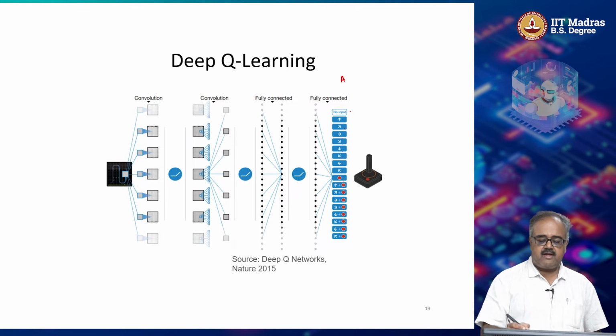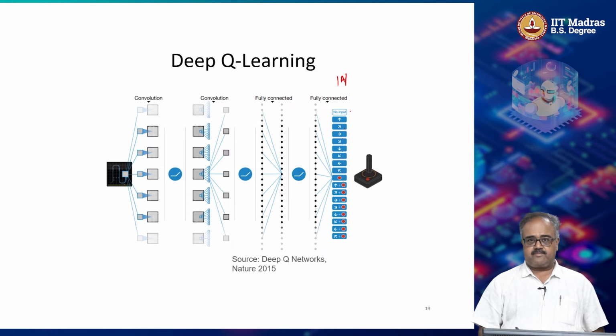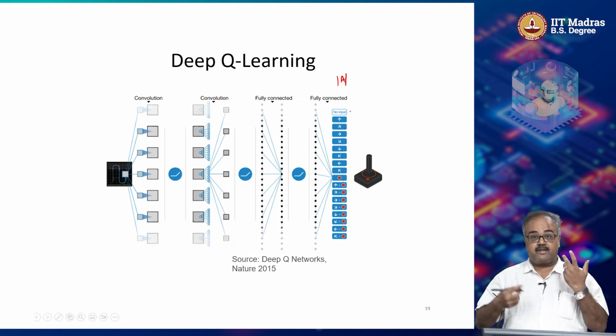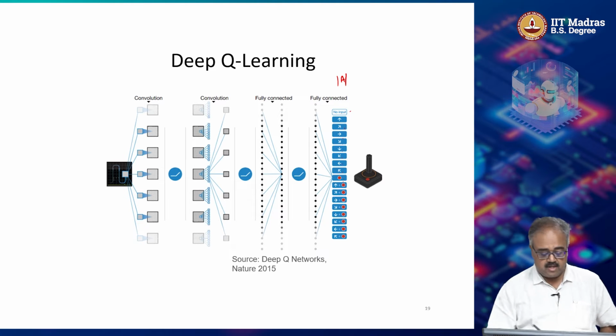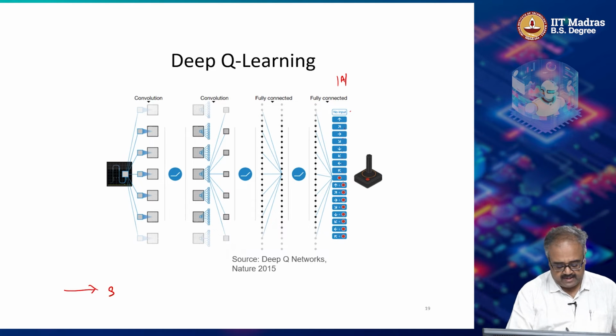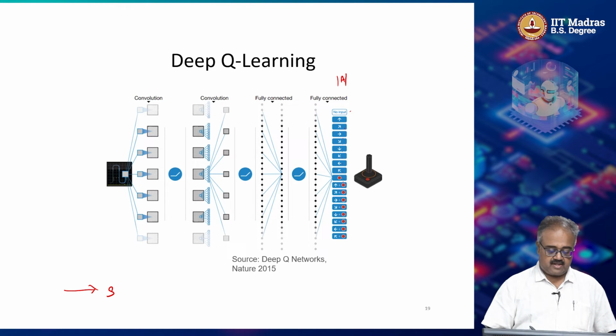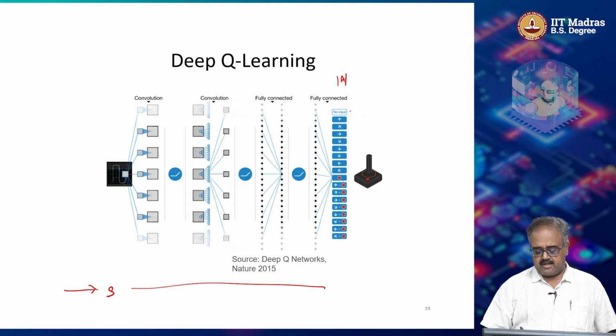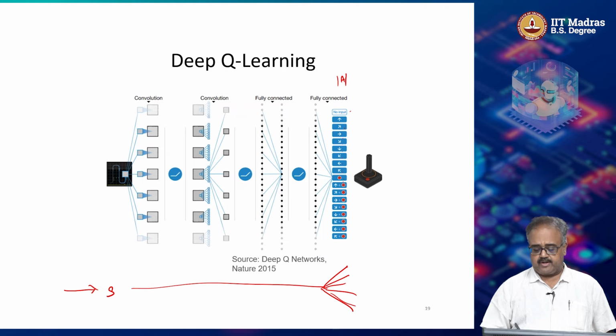So you have an output with as many neurons as there are actions. Remember I was telling you there are multiple ways in which you can do this. Literally here you are feeding in S, and 18 different outputs are computed, one for each action.